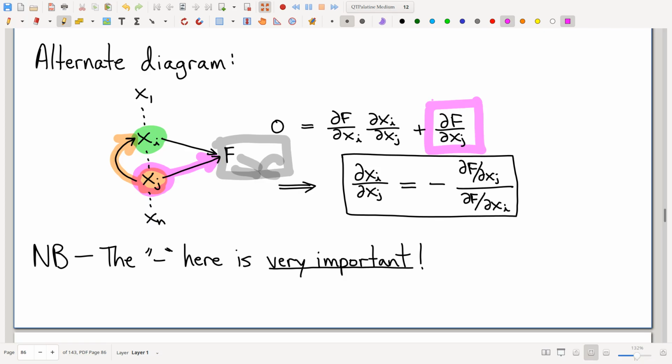On the other hand, there's this other path, sort of a two-step path, orange followed by dark blue, that also will make a contribution to how much capital F is going to be changing.